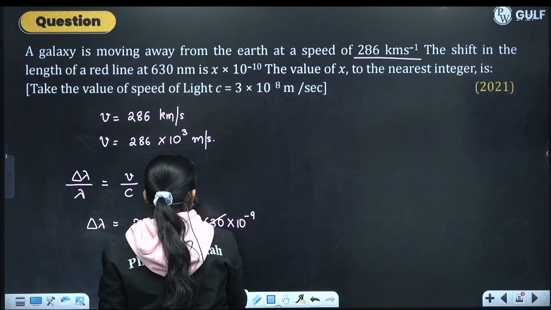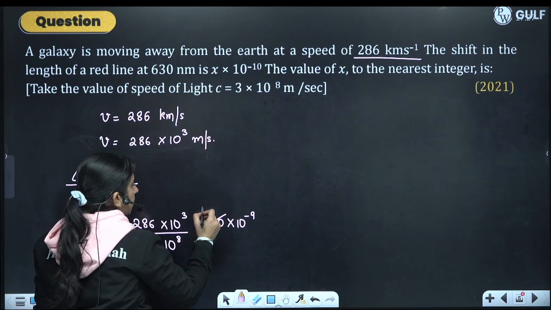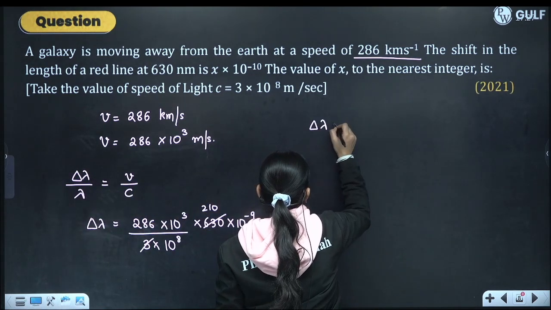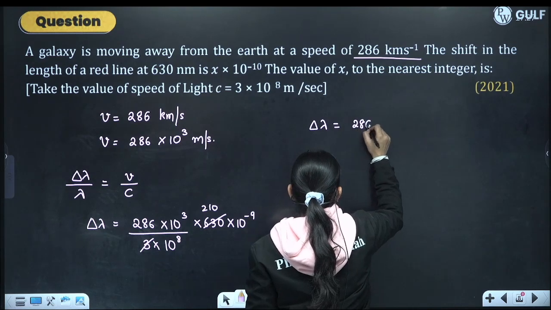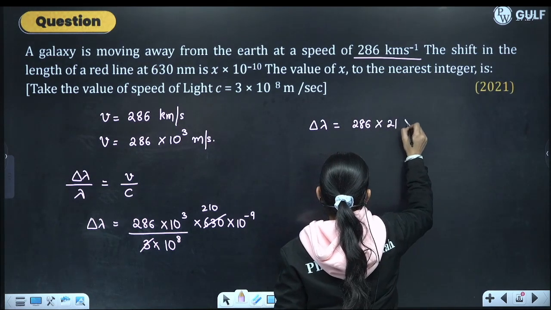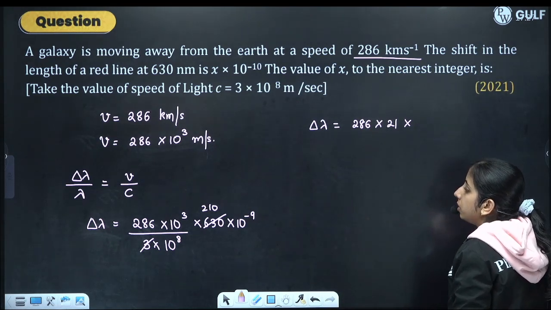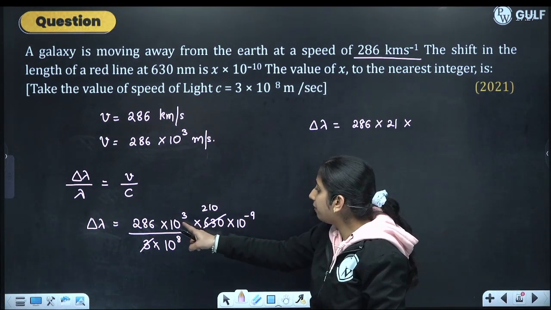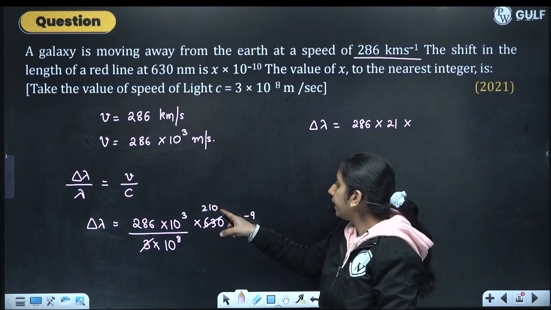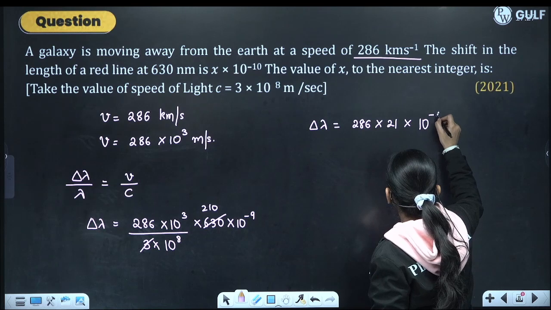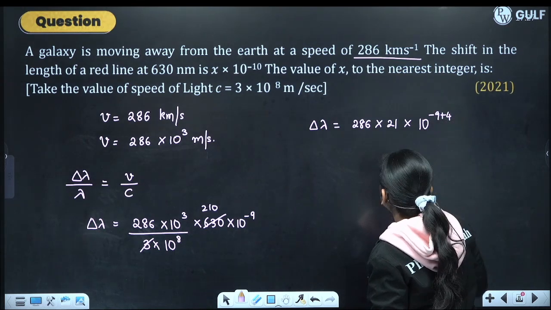So we will get 3 ones are 3. Multiplied, delta lambda is equal to 286 into 21 into 10 raised to the power, we will have 10 raised to the power 3, 10 raised to the power minus 9 and plus 4.